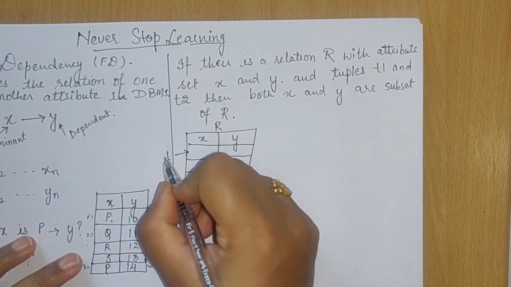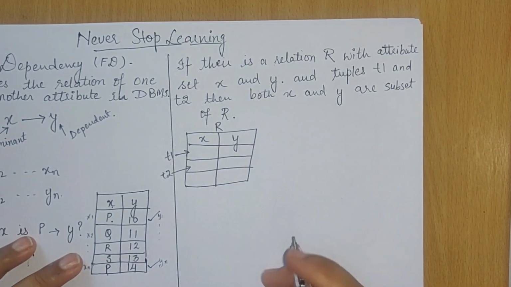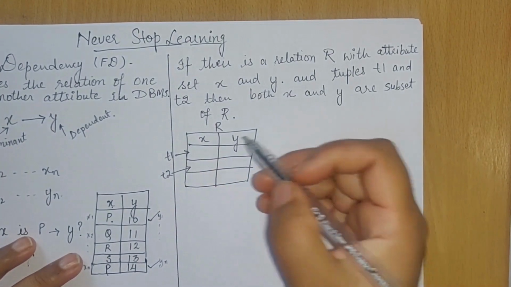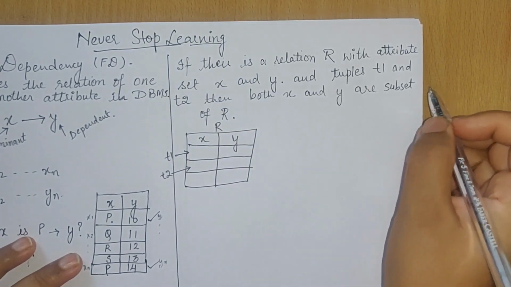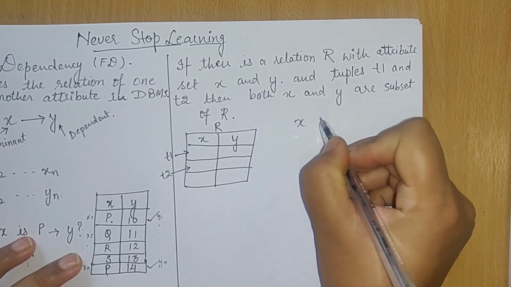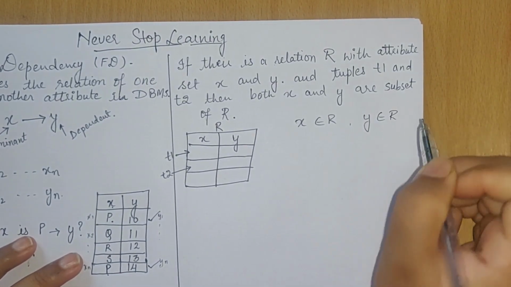This tuple I call T1 and this tuple I call T2. So if there are tuples T1 and T2 and both X and Y are subsets of R, that means X is a subset of R and Y is a subset of R.